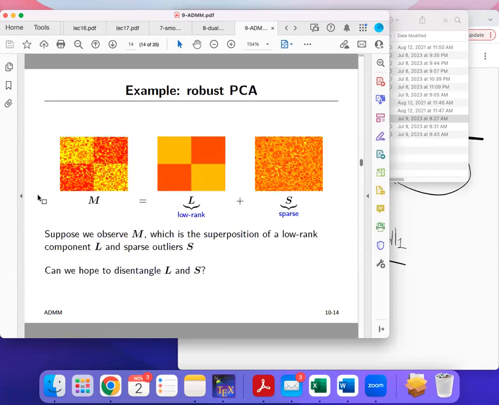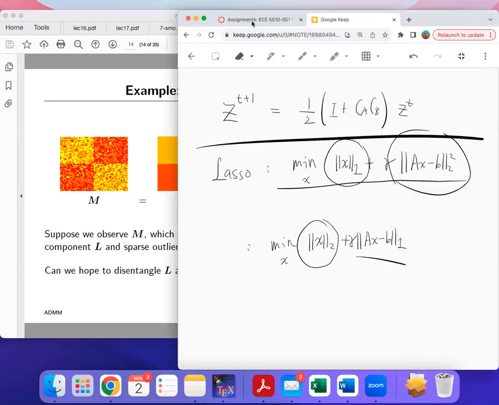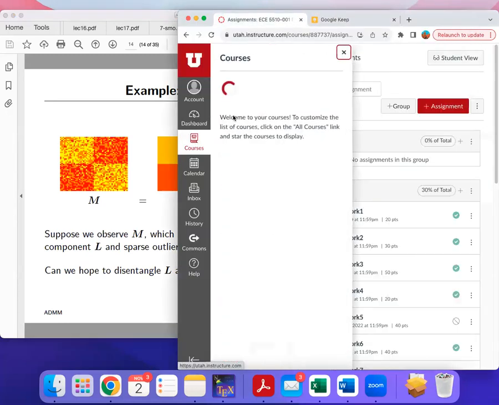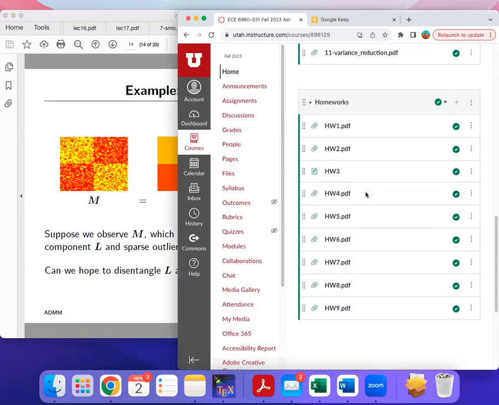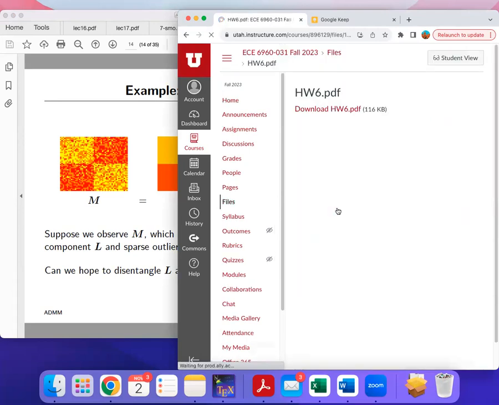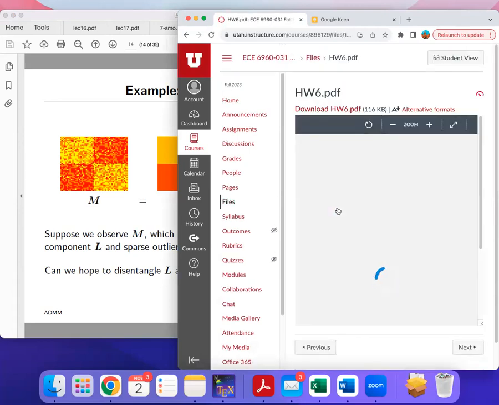And one of the applications is related to one of our projects called robust PCA.